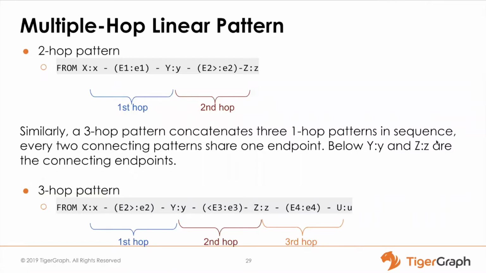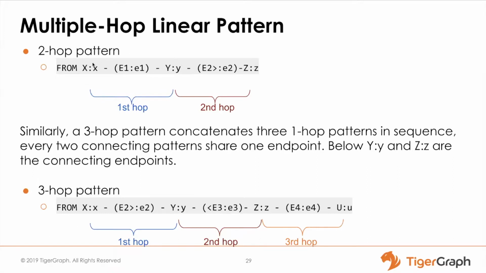After introducing the simple one-hop pattern and the simple one-hop clean star pattern, now we are ready to unveil the multi-hop pattern. Multi-hop pattern is nothing but connecting two single hop patterns with shared endpoints. So here is the first 2-hop pattern.